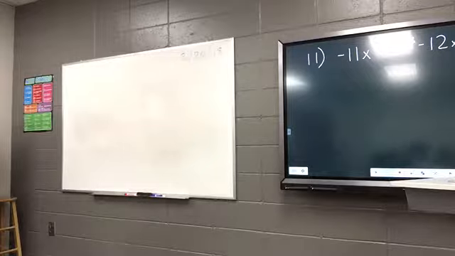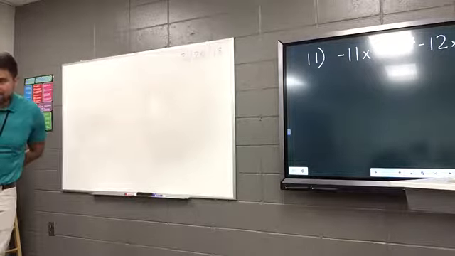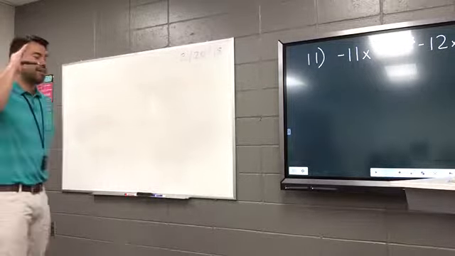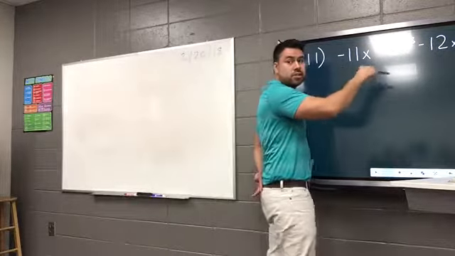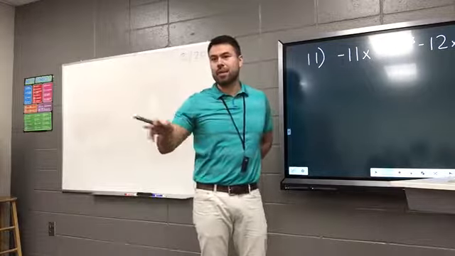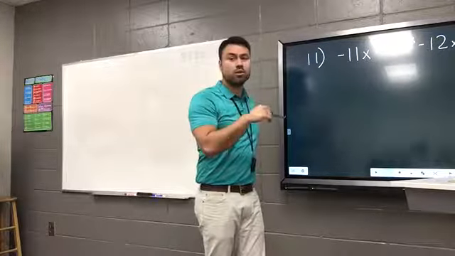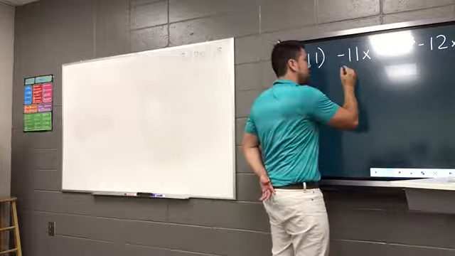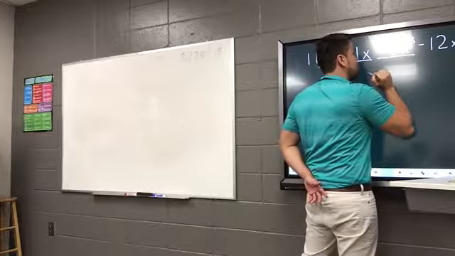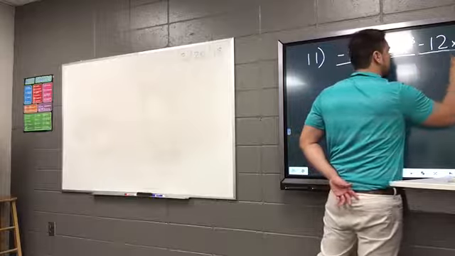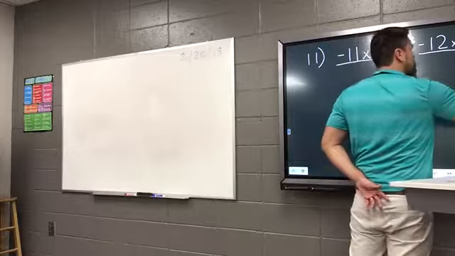So that the powers of x are in descending order. Okay, so can anyone give me the terms here? I'm going to go with Turner. Give me all the terms. Negative 11x, positive 5x to the third, negative 12x to the sixth, and x to the eighth.